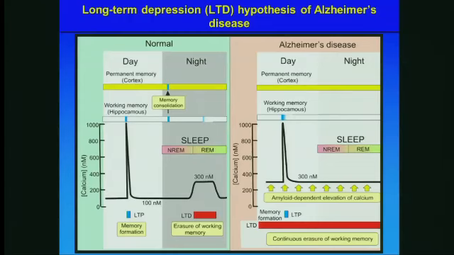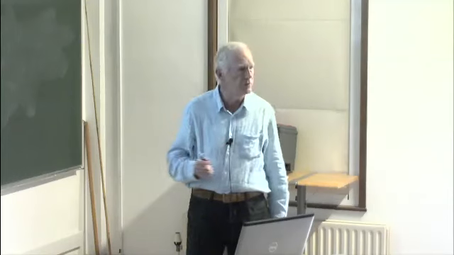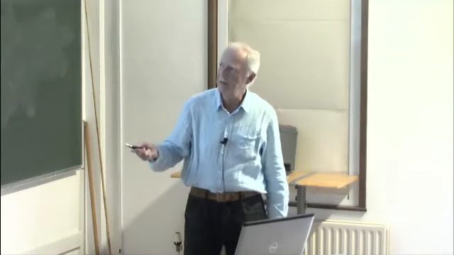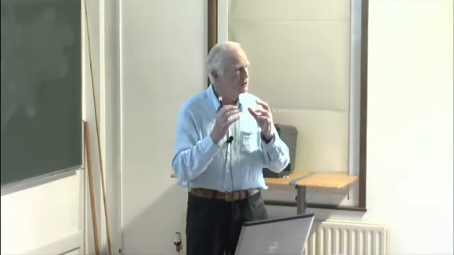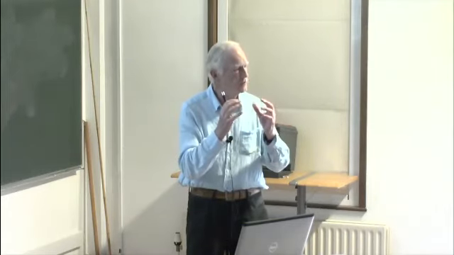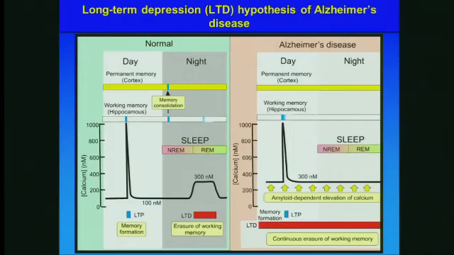So here's a normal individual. During the day, the neurons have this resting level of 100 nanomolar. You see something unusual. There is a brief spike of calcium, goes up to 1,000 nanomolar, and it comes back again to 100 within a second or so. But during that brief pulse of calcium within the neuron, there's been a formation of a temporary memory in your working memory.